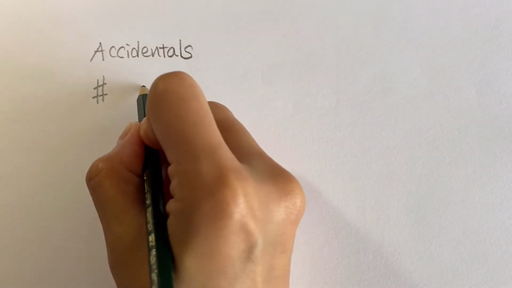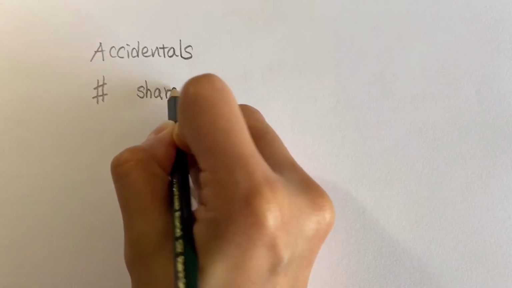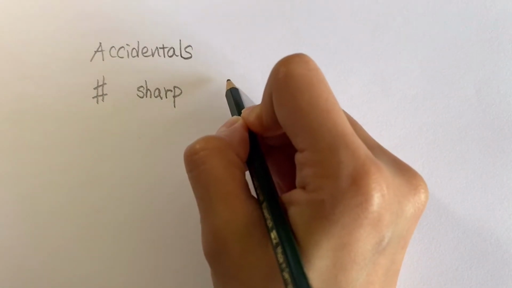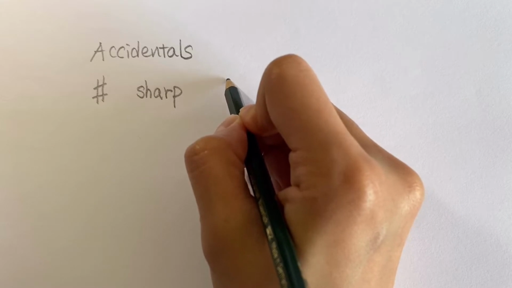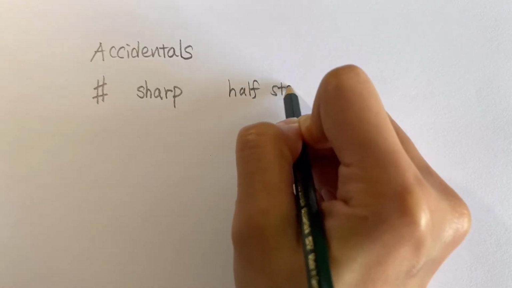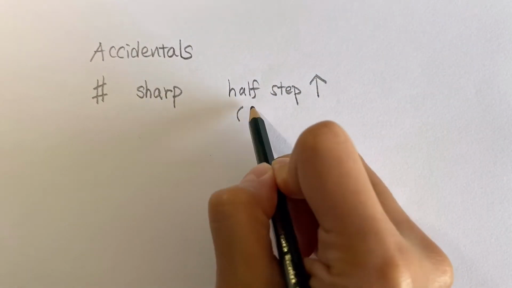Sharp looks like the pound key on a telephone. S-H-A-R-P, sharp. Sharp makes the pitch of notes a half step higher. And you know, a half step is one step.